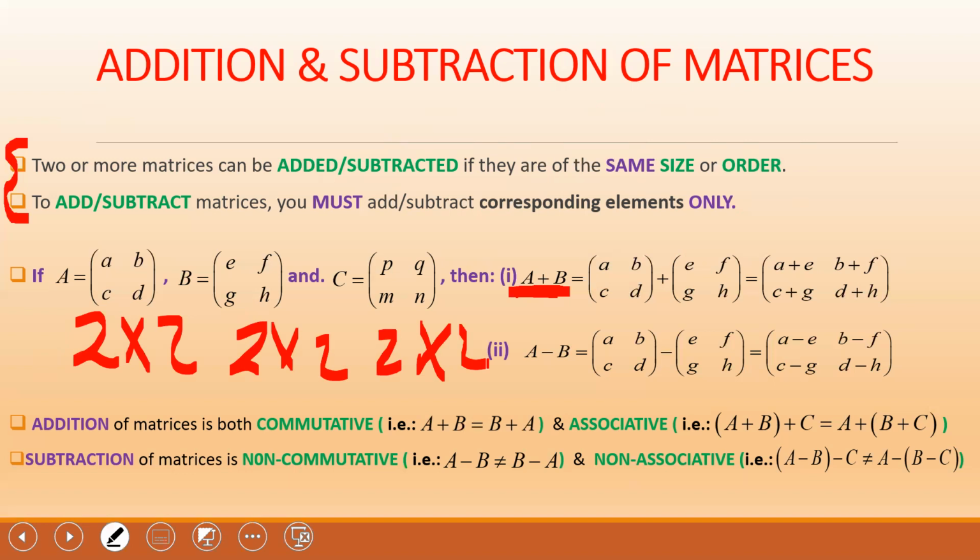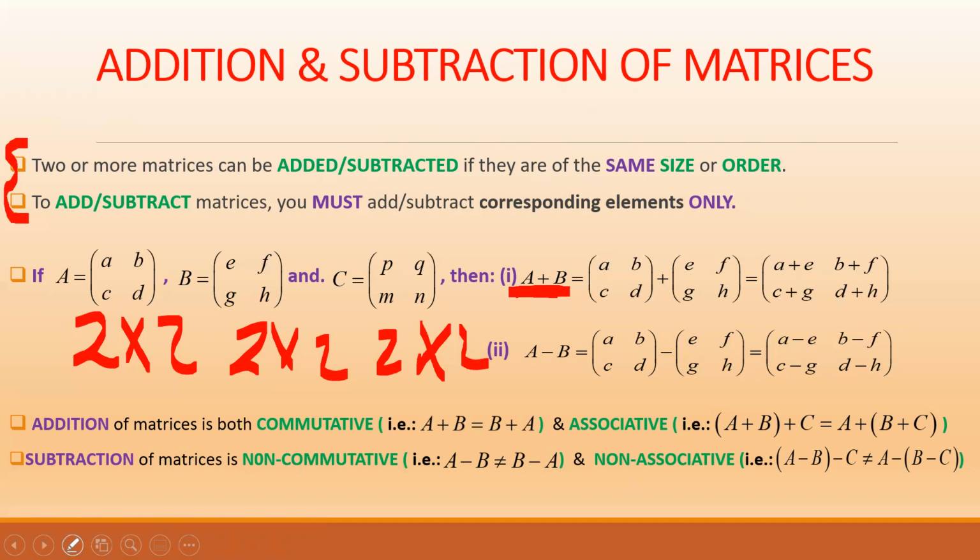And now that we have established that they are compatible to be added, then to add them, we must go ahead and add or subtract corresponding elements. So guys, we're doing both addition and subtraction. Addition and subtraction of matrices follows the same rule, in terms of compatibility and in terms of the elements which correspond.